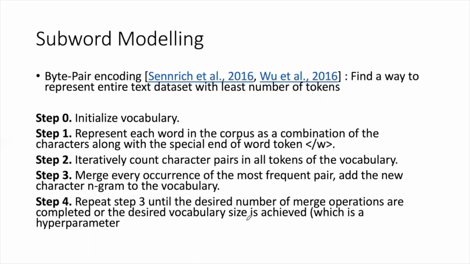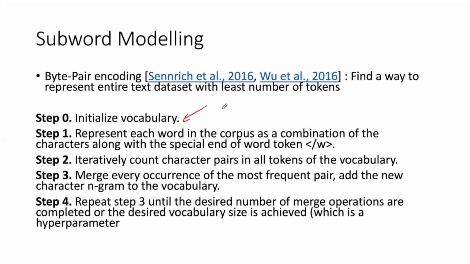So here, this is based on an information theory principle of finding the least number of tokens to represent a text data set. What we do is we initialize the vocabulary with single characters.